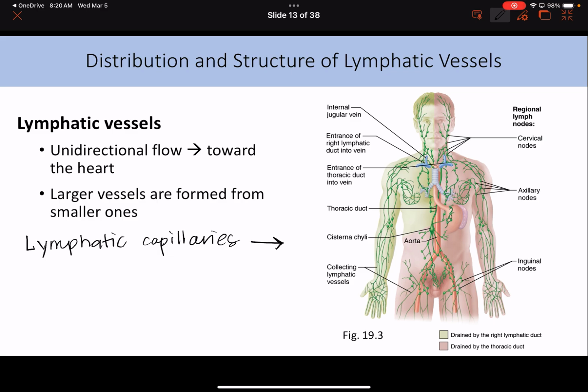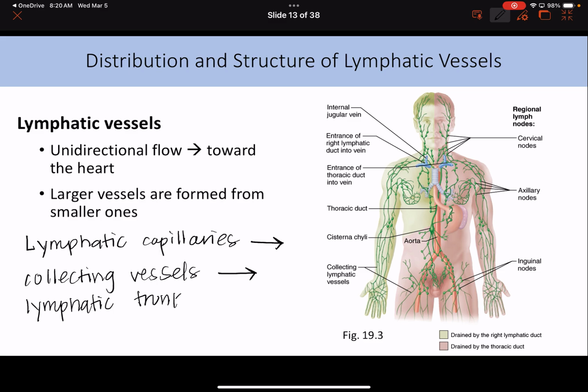those will then form what are called collecting vessels. Those collecting vessels will then form lymphatic trunks. And those trunks are going to form ducts, lymphatic ducts.